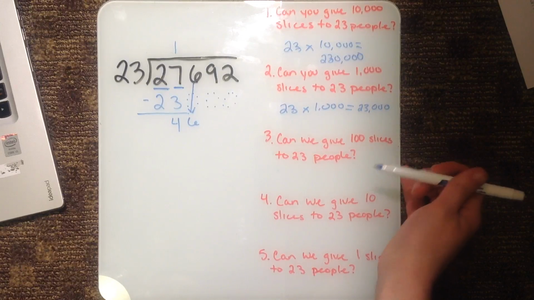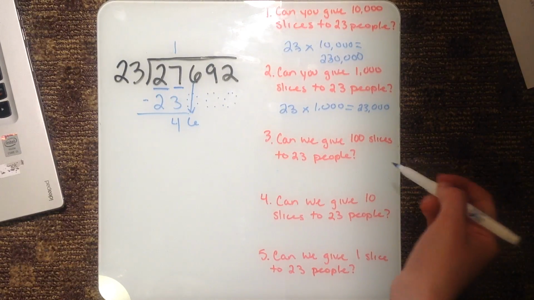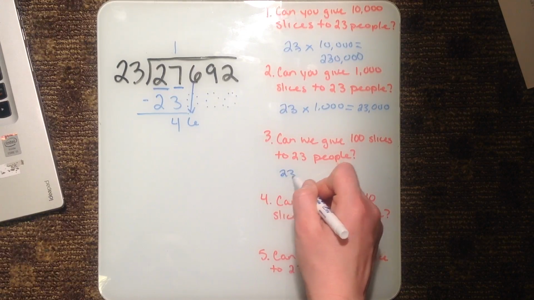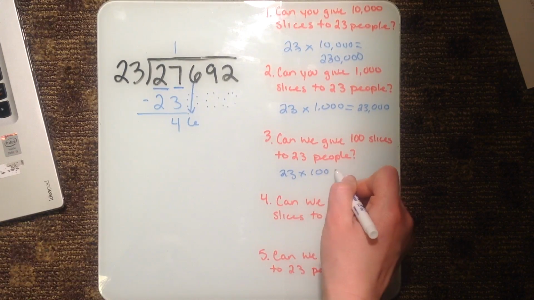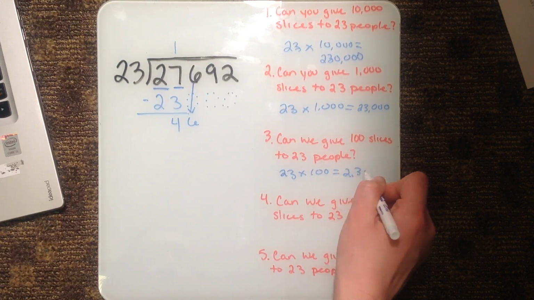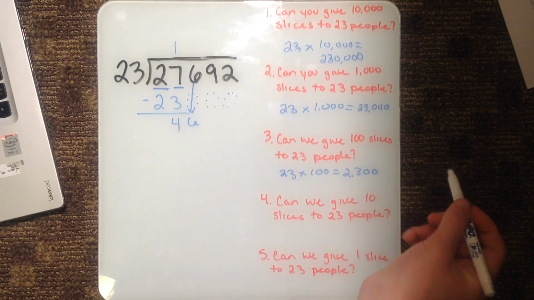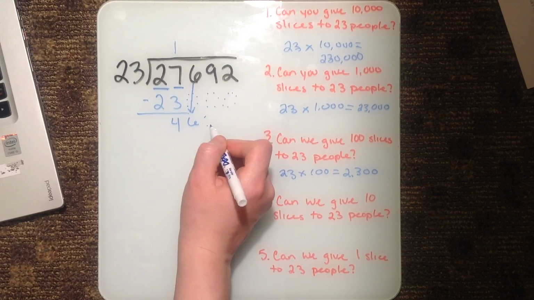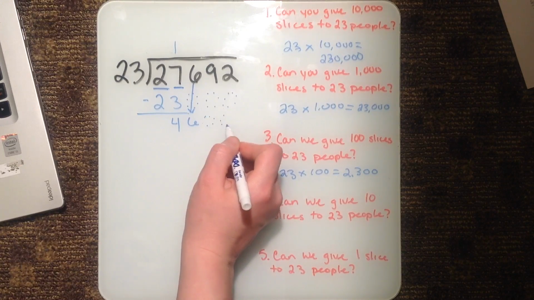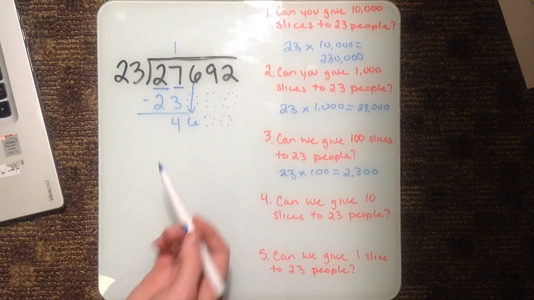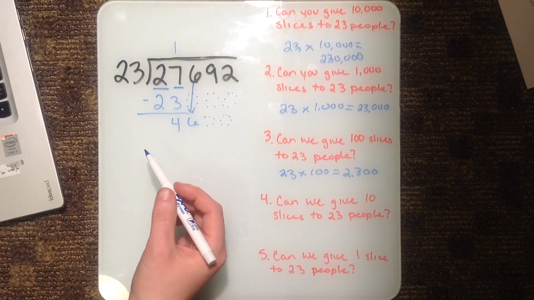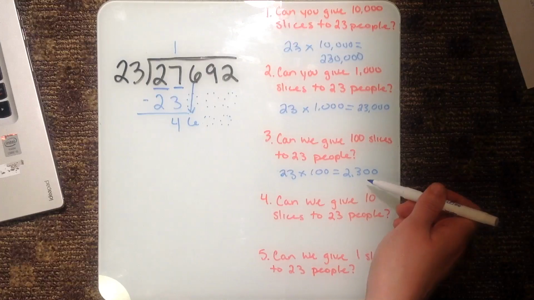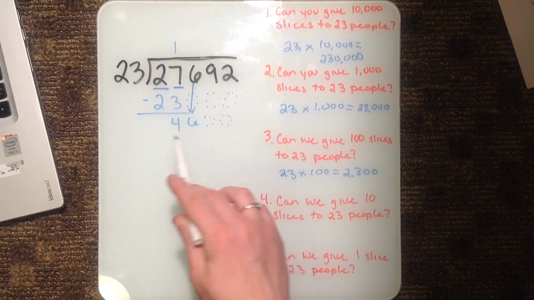Our next question is, can we give 100 slices to 23 people? We would multiply 23 times 100, which equals 2,300. Because if we made the ghost zeros here, we technically have 46,000 here, and we want to know if we have 4,600, my bad.